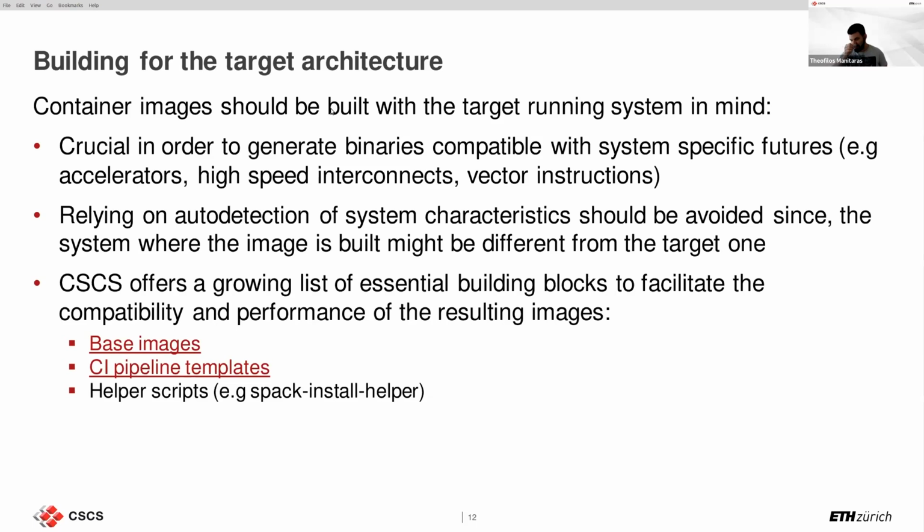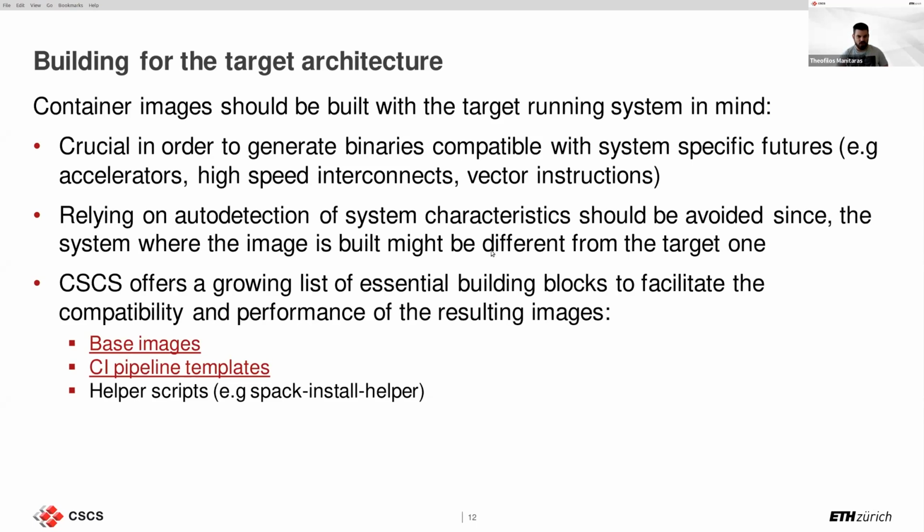So you can build an image inside a Kubernetes pod, for example, and this might reside on a completely different system from your target one. It might not have GPUs, it might not have the high-speed interconnect, it might not have the same processor, so it might have a less performant processor without specific vector instructions, and so on.